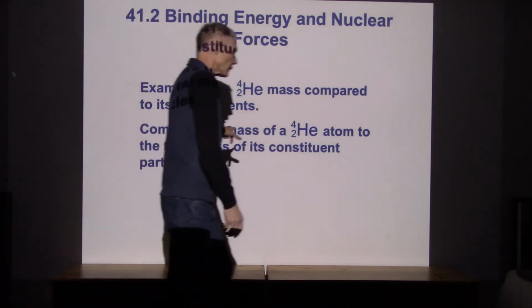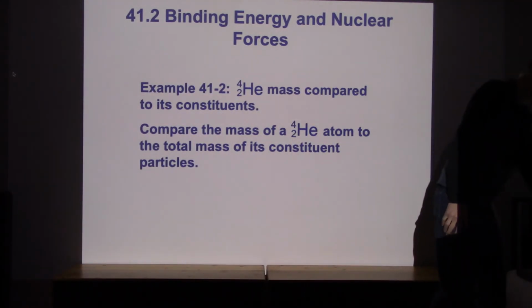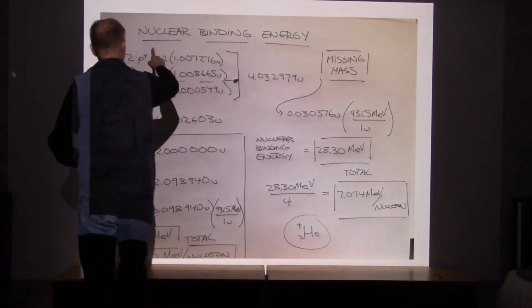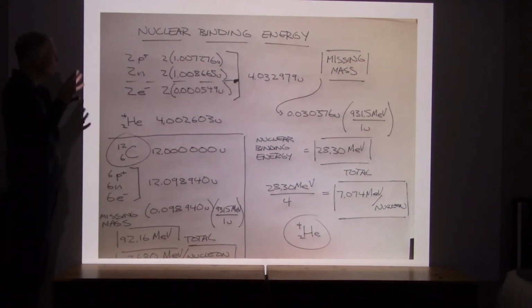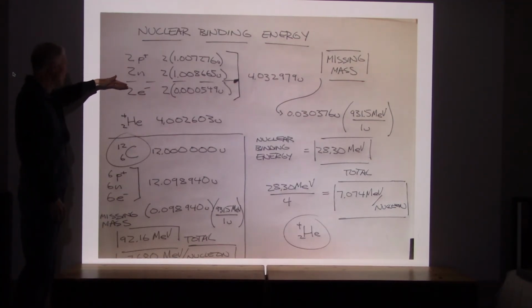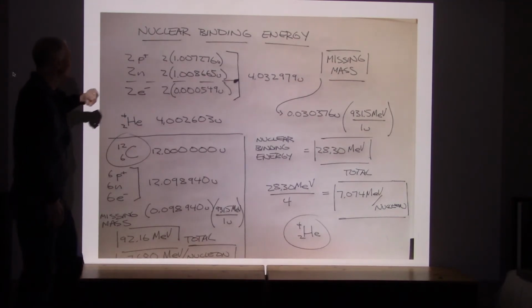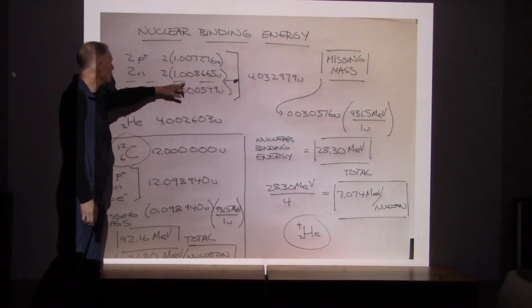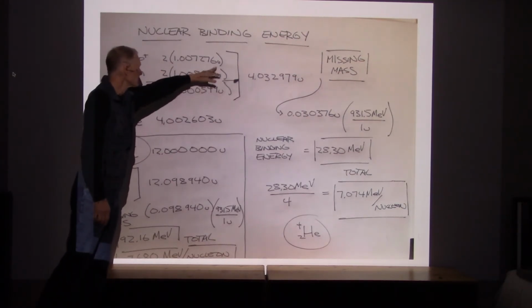So let's take a look at the individual pieces that make up helium. Now we're calling this nuclear binding energy. So if I take a look at helium-4, it's got those 2 protons, the 2 neutrons, the 2 electrons, and what I've done is I've taken the masses for the protons, neutrons, and electrons in atomic mass units.